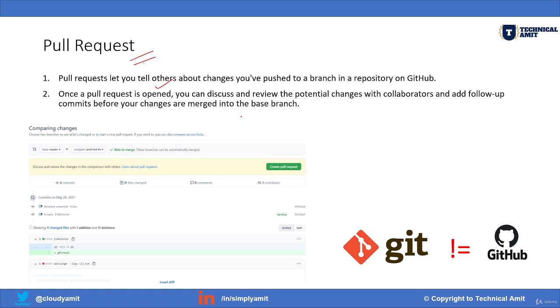And once you have opened it, you can discuss, review, and make potential changes. Sometimes you have developed some code, and there are some reviewers who are going to review your code. They are going to say, hey, you need to name the variable like this, you need to reduce the number of for loops, you need to reduce the number of if else conditions that you have.